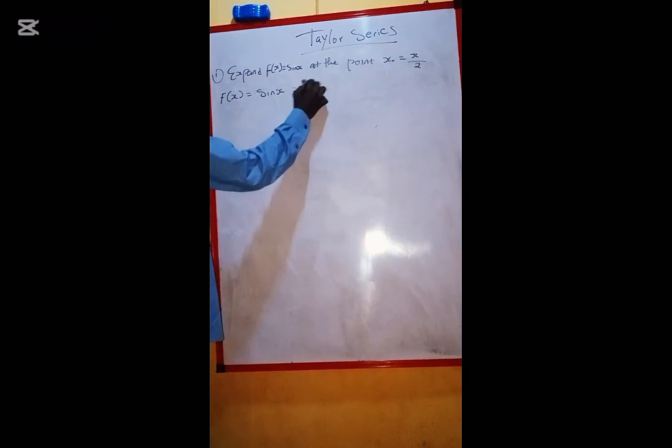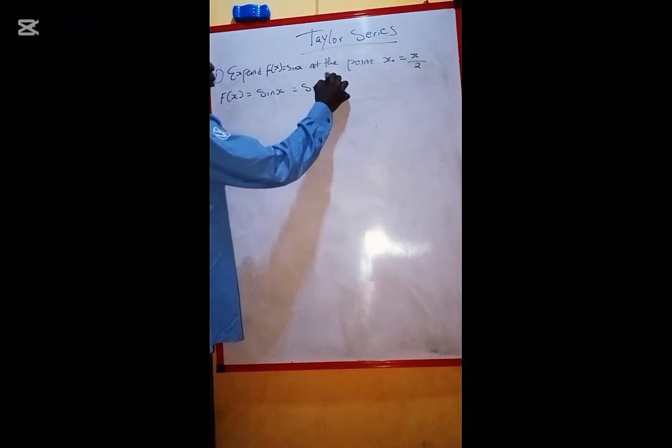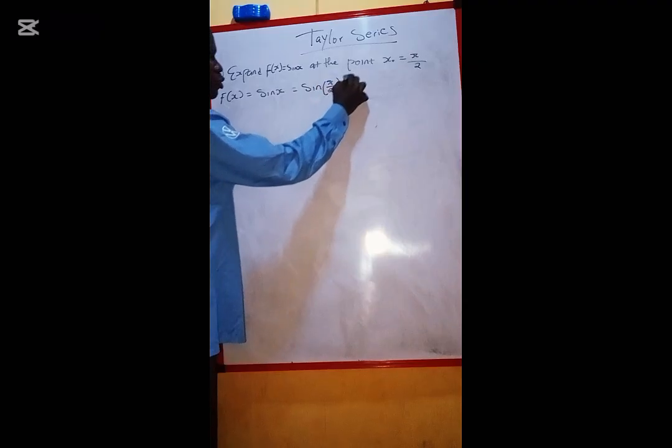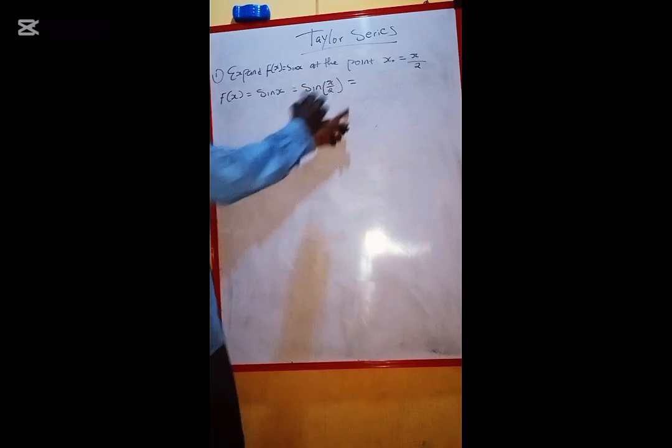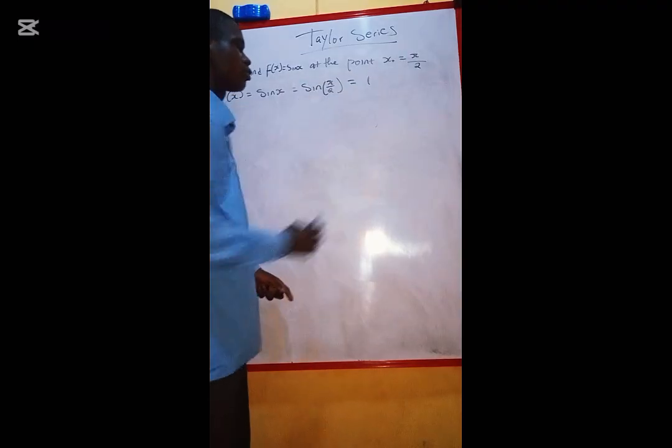Sin of pi over 2: pi in degrees is 180, divided by 2 is 90, and sin 90 is 1.